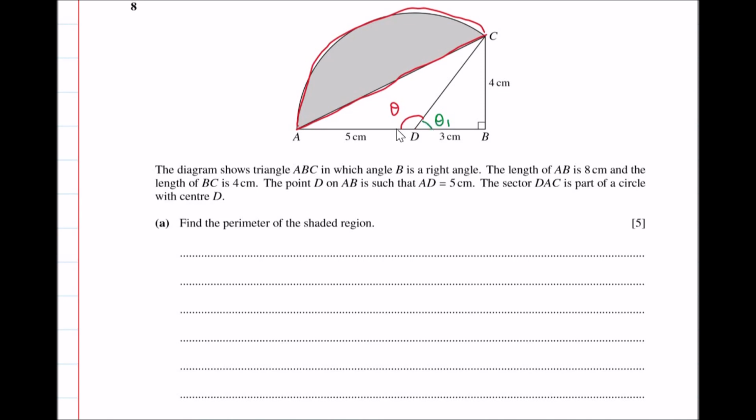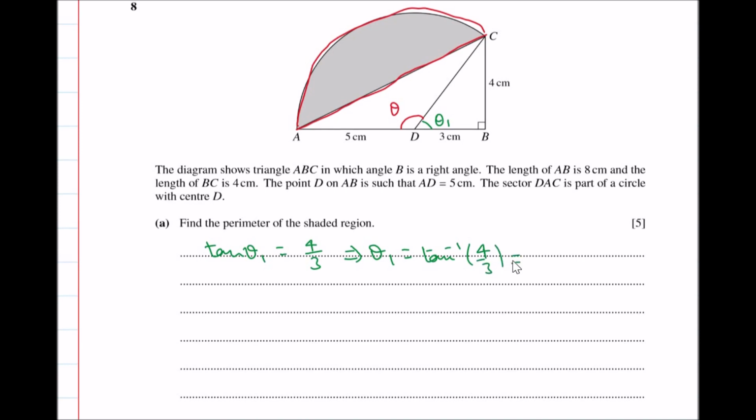So let's do. Let's find tan theta 1. So tan theta 1 equal to, we know that opposite by adjacent, so 4 by 3. This implies that theta 1 equal to tan inverse 4 by 3.